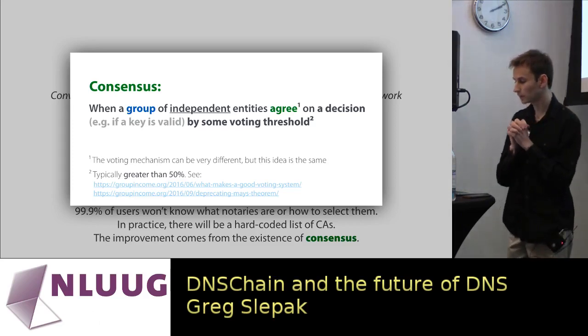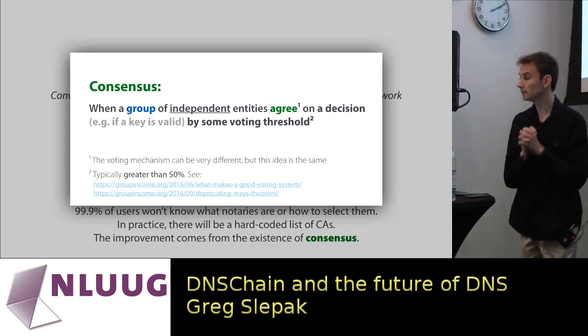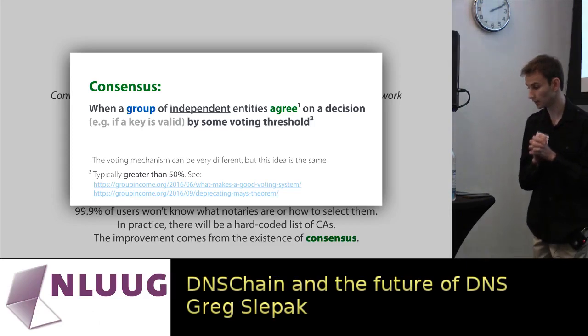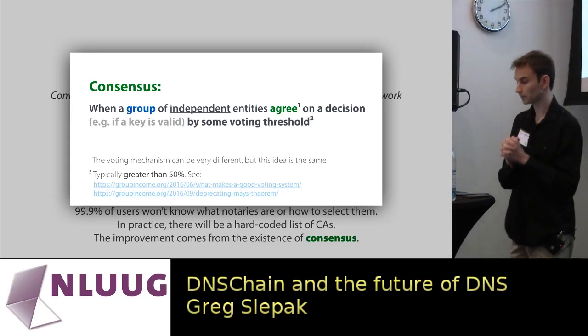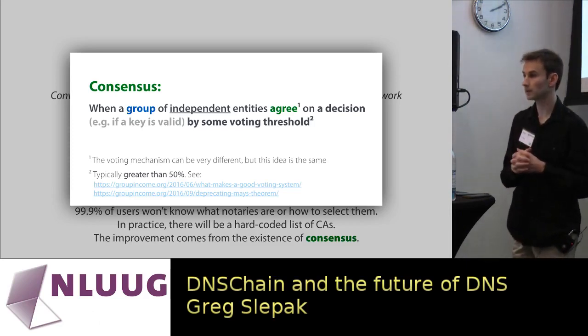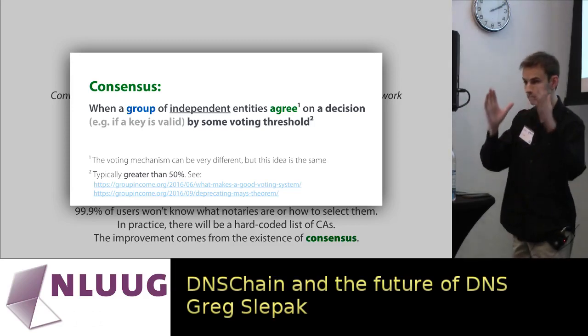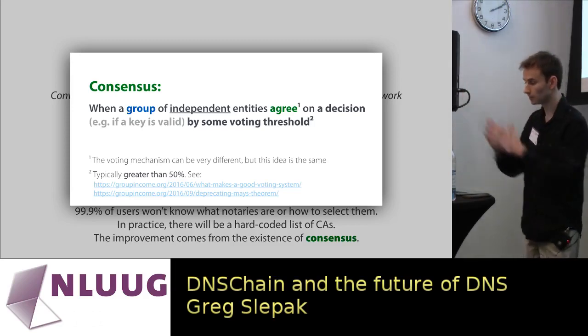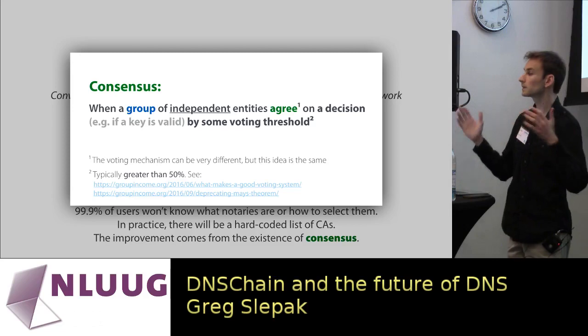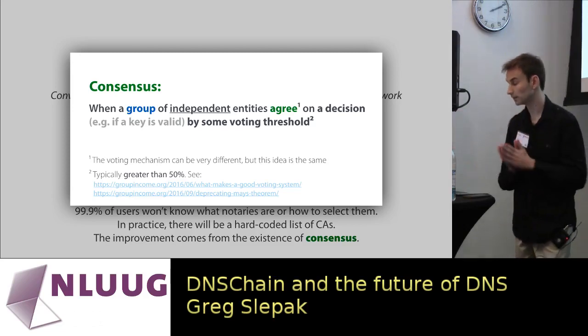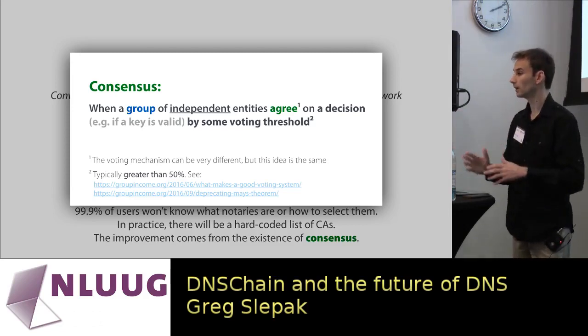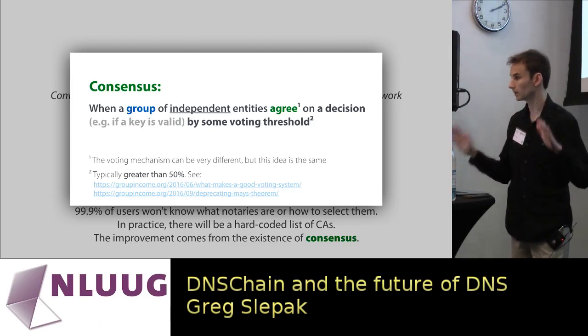Consensus is when a group of assumed independent entities agree on a decision, i.e., if a public key is valid, if the mapping from an identifier to a public key is valid, using some voting threshold. And voting thresholds are worthy of an entire talk on their own.